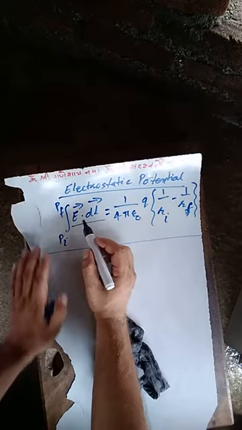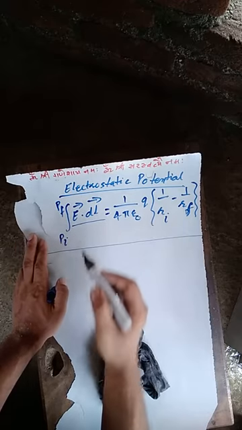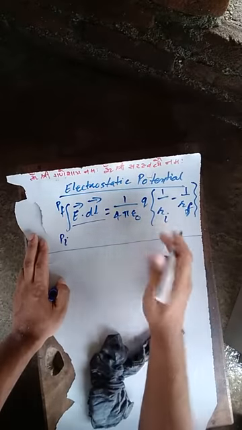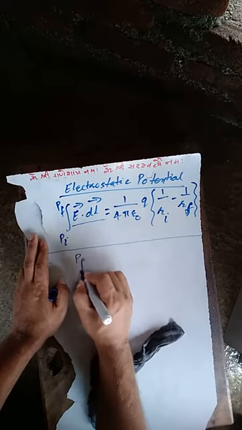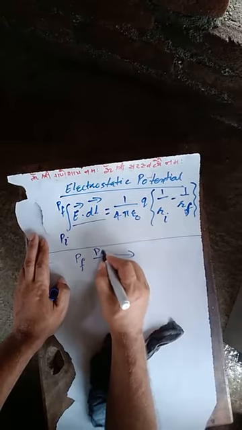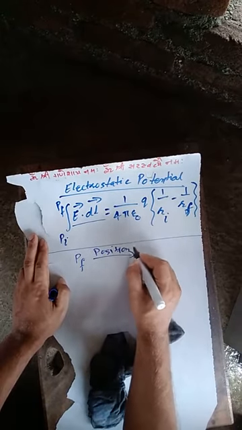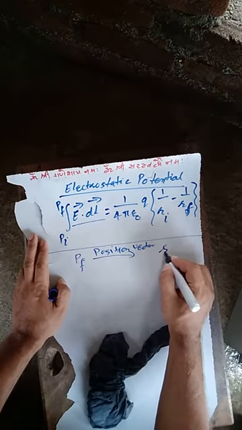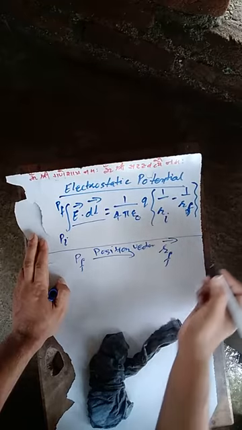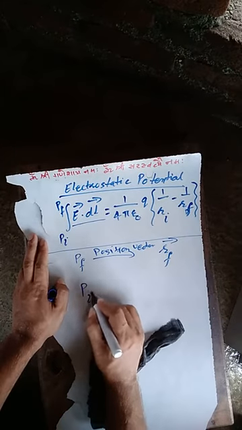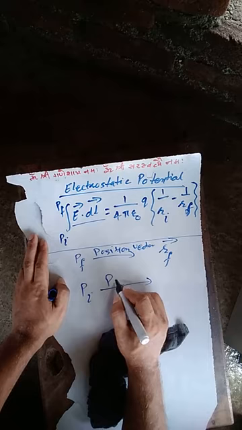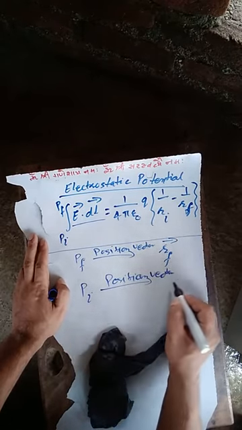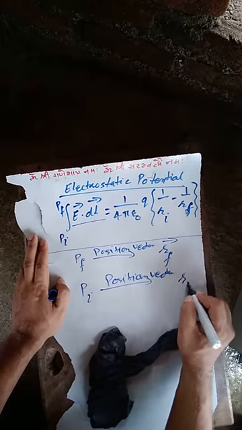In this formula, the position vector of the final point is Rf, and the position vector of the initial point is Ri.